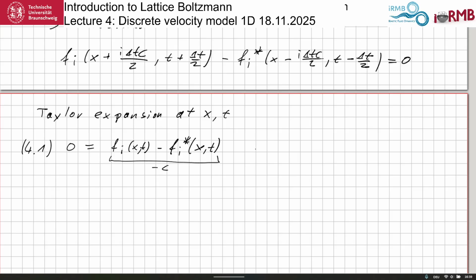Yeah, it should be minus the collision, because it's the post-collision minus, so okay, the other way around. But this is how it's written up here.